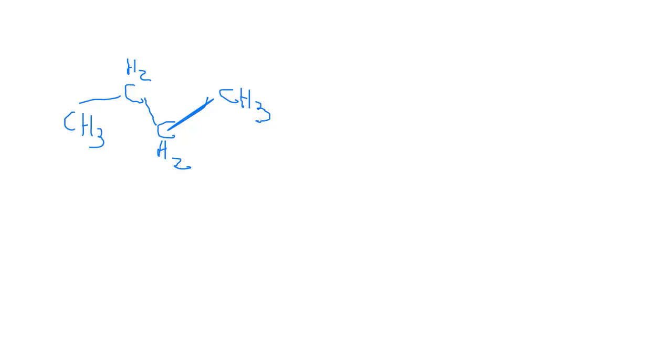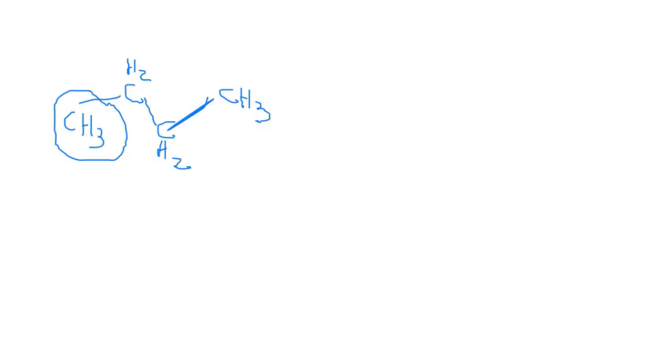What I want you to see is the way they write it here. It's easy to remember that carbon has valence 4, right? So it's going to be saturated, and they are called alkanes.